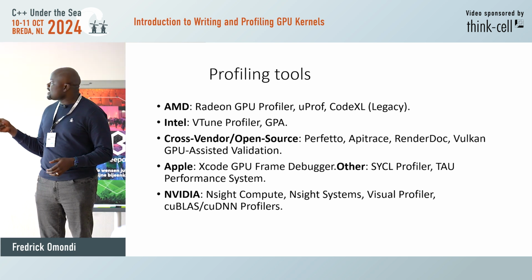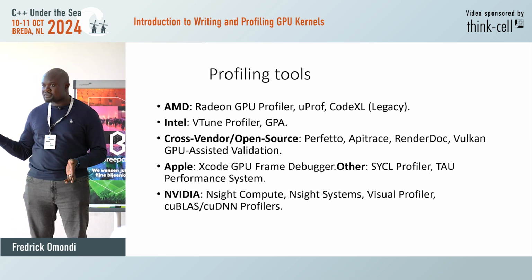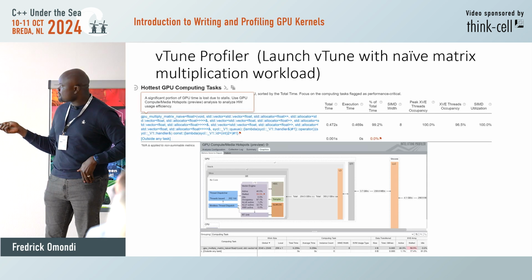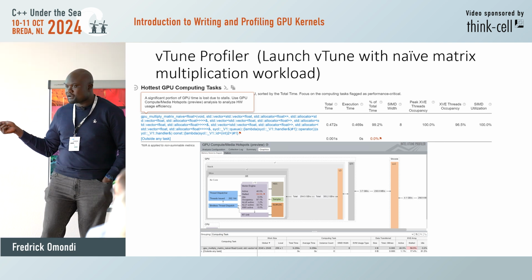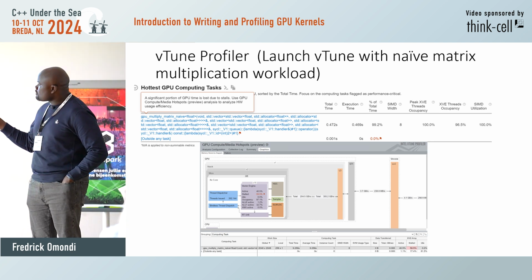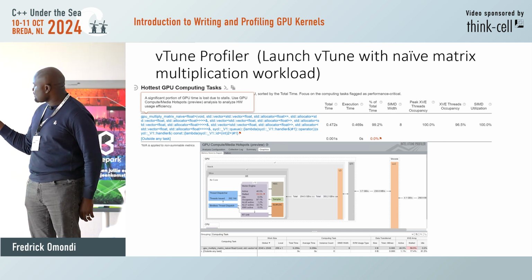For this specific presentation, I used Intel VTune. Even though I'm not able to show it, I did have some screenshots that I wanted to share. When I profiled the naive matrix function that we just saw in the previous slides, these are some of the insights that VTune showed me.